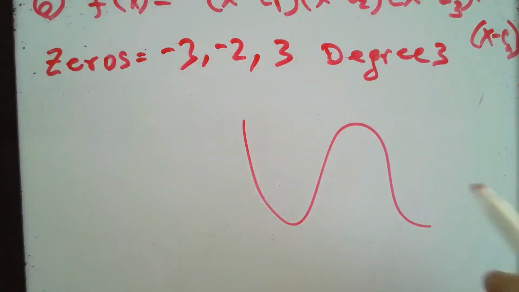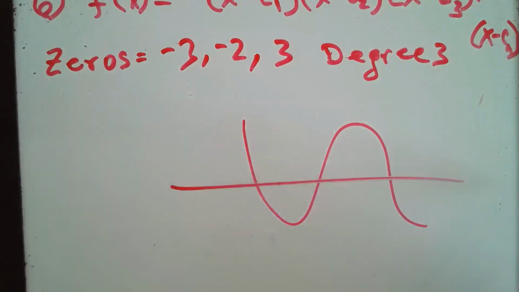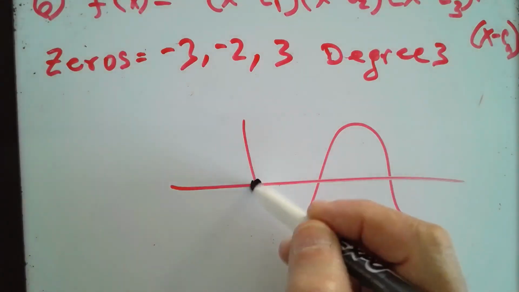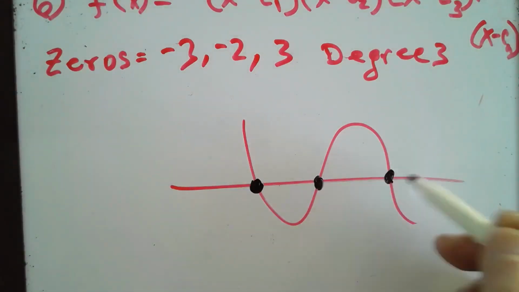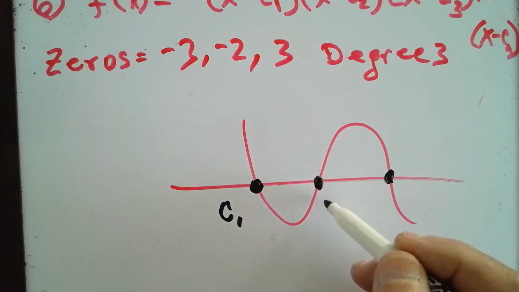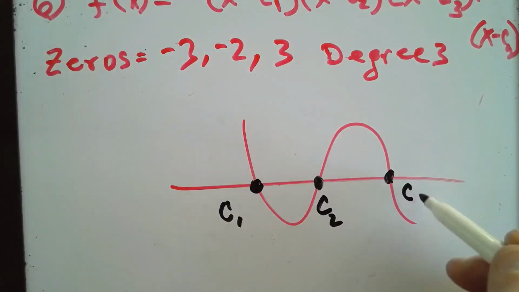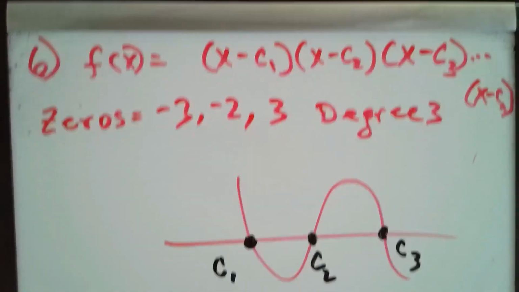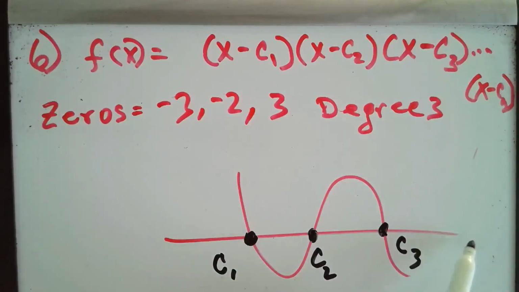Since there's only 3 of them, we'll only do it like that. It could either be moving up or down, we don't know which yet. But this will be c sub 1, c sub 2, c sub 3. These are our zeros.